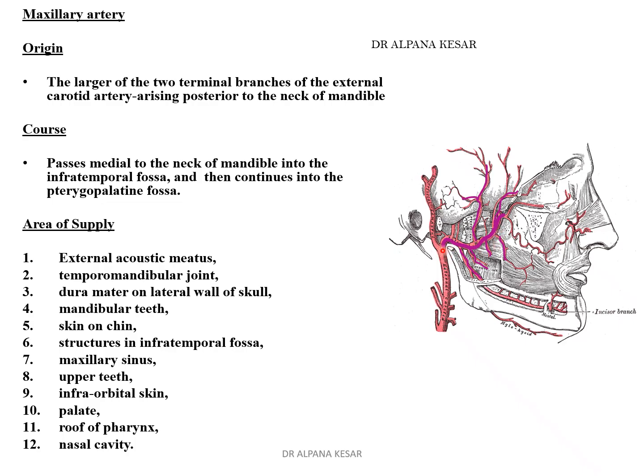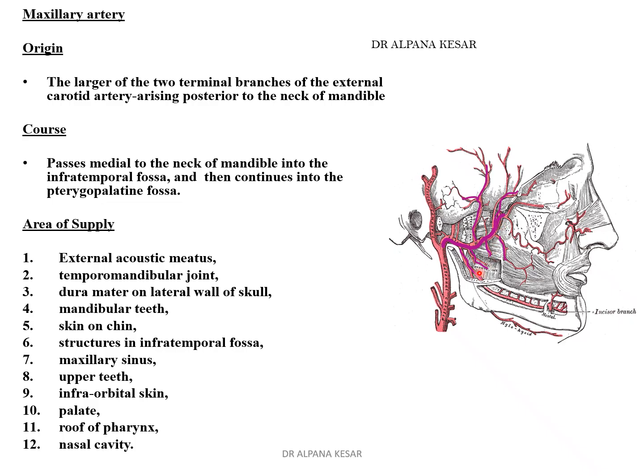It arises behind the neck of the mandible. In its course, it passes medial to the neck of the mandible into the infratemporal fossa, and then from the infratemporal fossa, it passes through the pterygomaxillary fissure into the pterygopalatine fossa.